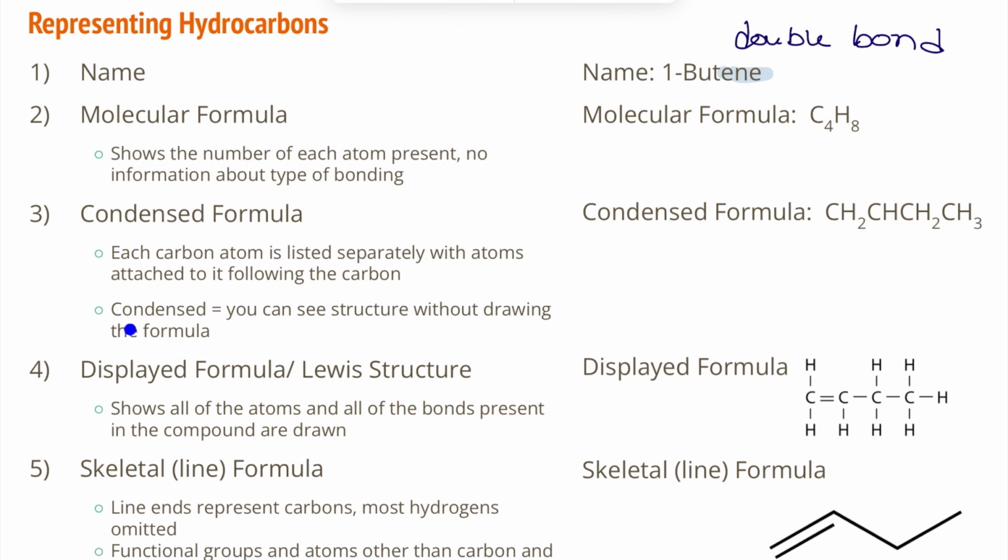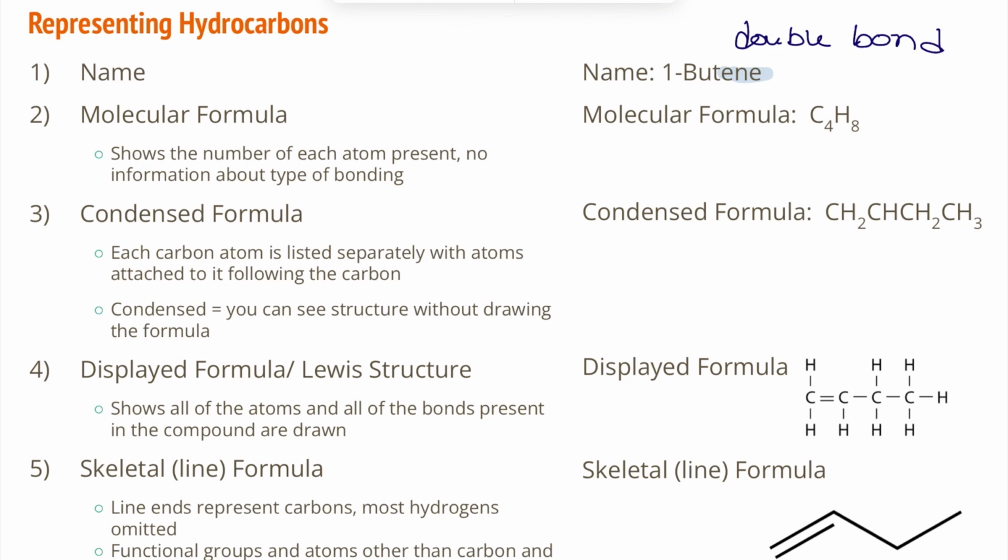It allows us to not have to make a huge drawing, but we can still showcase what we have going on. The condensed formula for this is CH2, CH, CH2, CH3. Notice we have 4 carbons and 8 hydrogens. It's just telling me how this is organized.